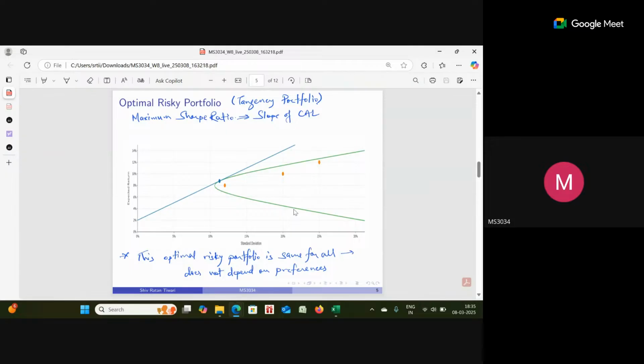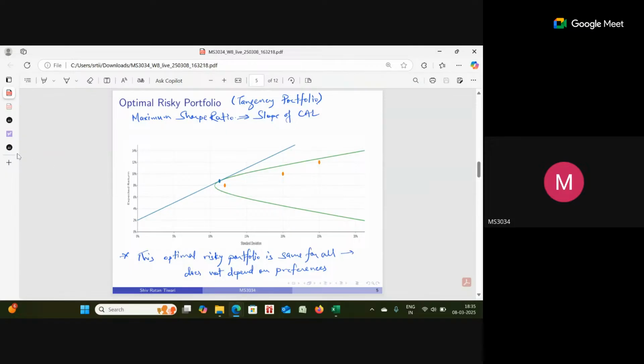This optimal risky portfolio does not depend on individuals' preferences, so it will be the same for all individuals. This is the basic principle of the mutual fund industry also: they combine the funds of many individuals, and then invest according to this strategy, which maximizes the Sharpe ratio.